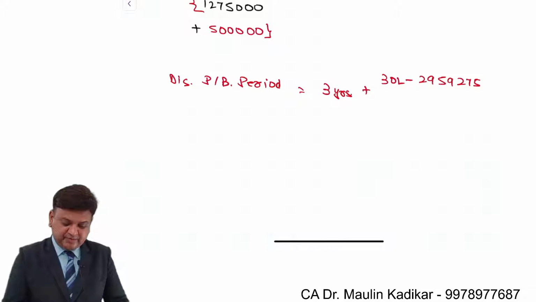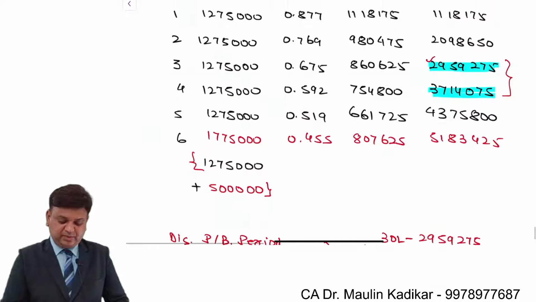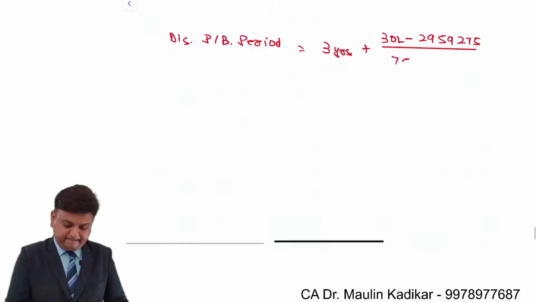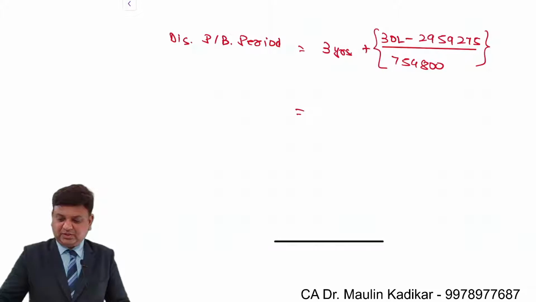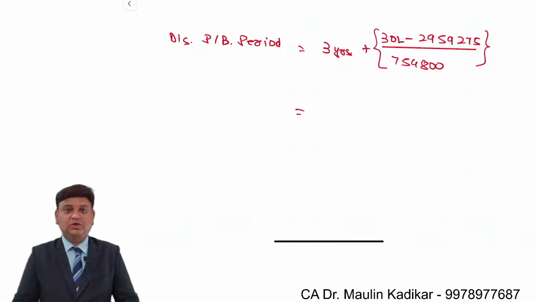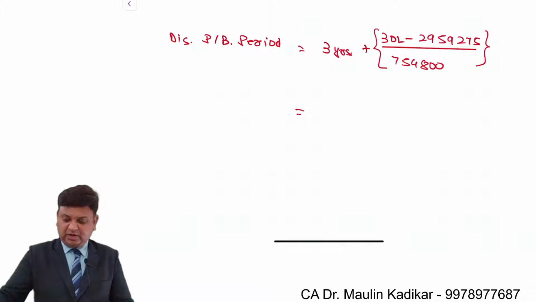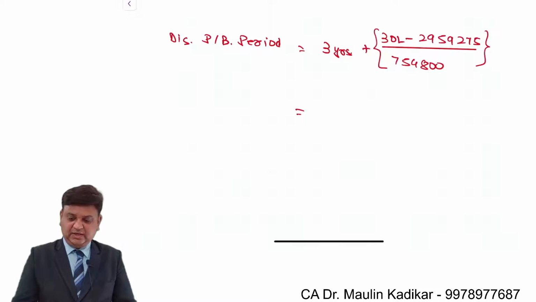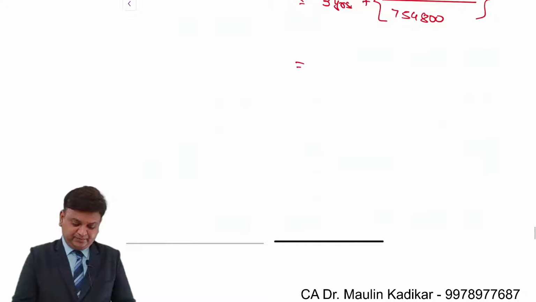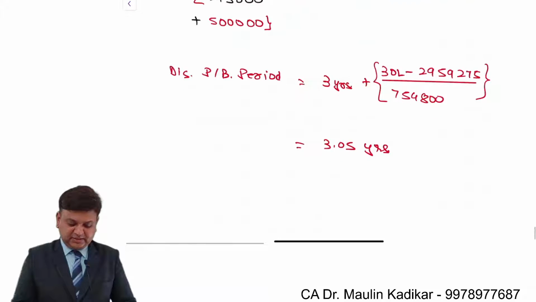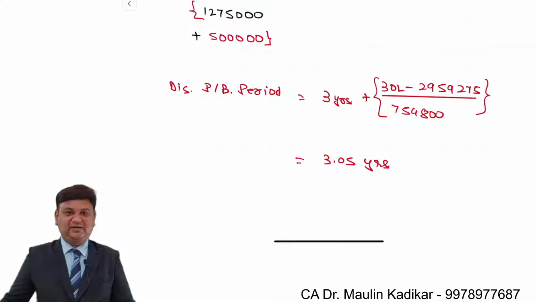So difference of both of them is the amount which is yet to be recovered divided by 7,54,800. So this is the way we can make the calculation. 30 lakhs minus 29 lakh 59,275. So 40,725 upon 7,54,800, that comes to 0.05. So it comes to 3.05 years. This is in case of option 1.